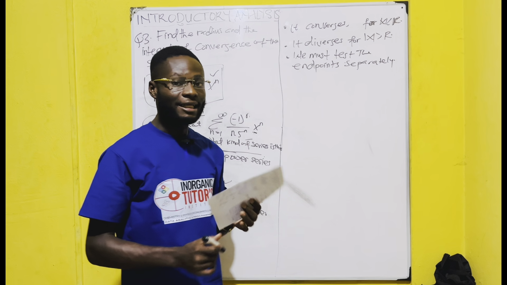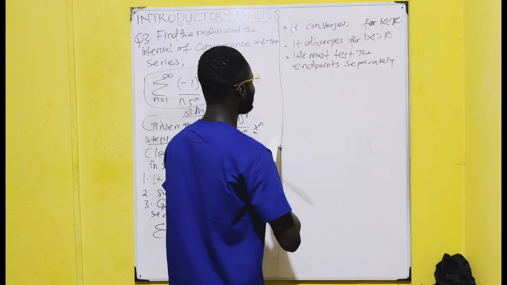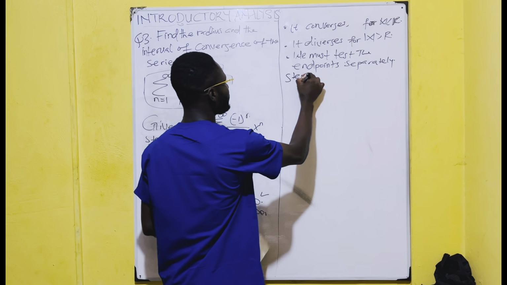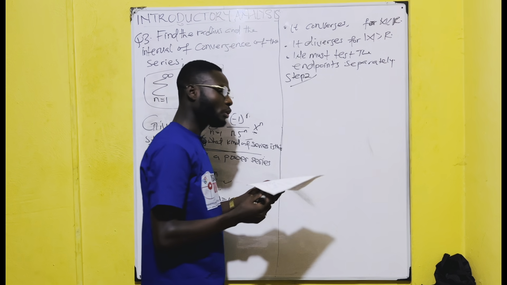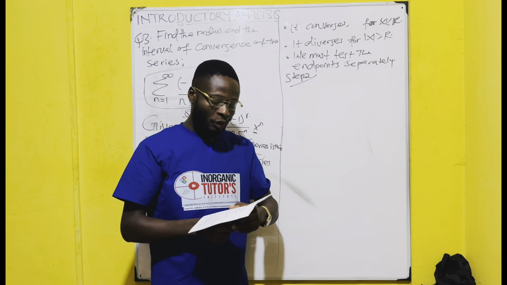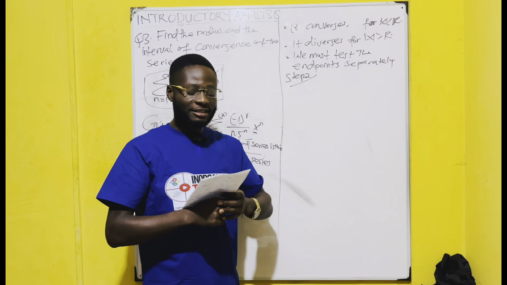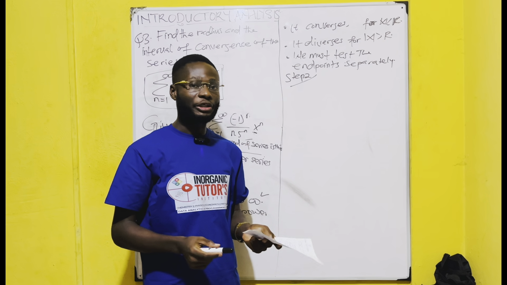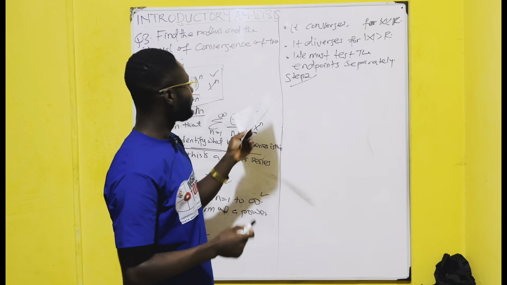Now let's consider the second step. So step 2 is where we are going to use the ratio test to find the radius of convergence, right?